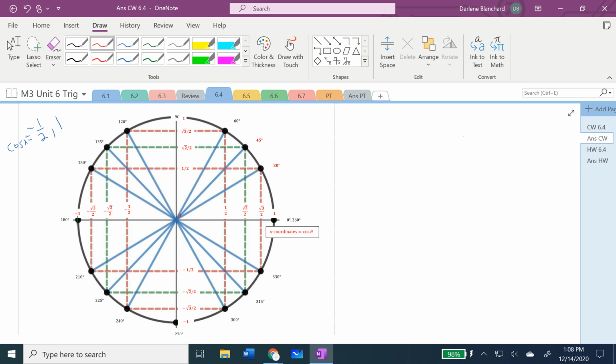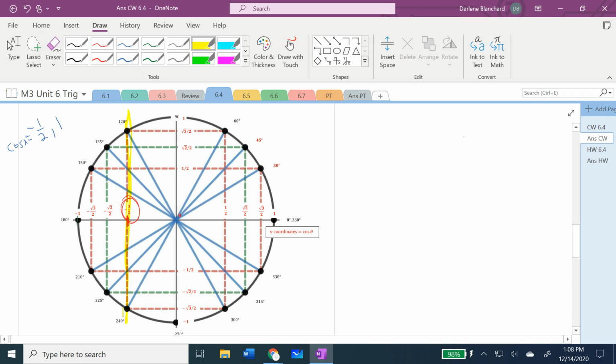Okay. Cosine is looking at the x coordinates of points. X coordinates down the negative x-axis are -1/2, which is the one we are looking for. And then it continues to -√2/2 and -√3/2.